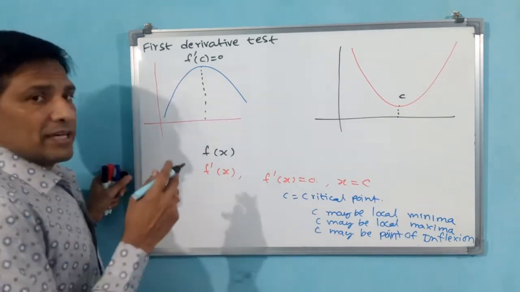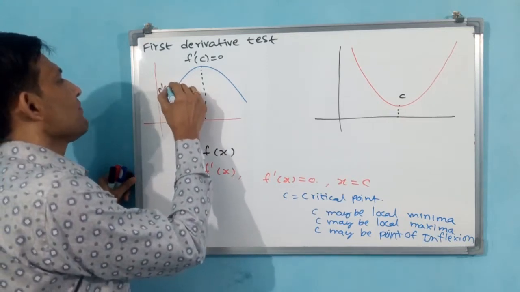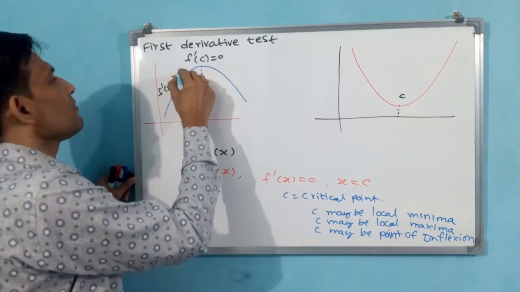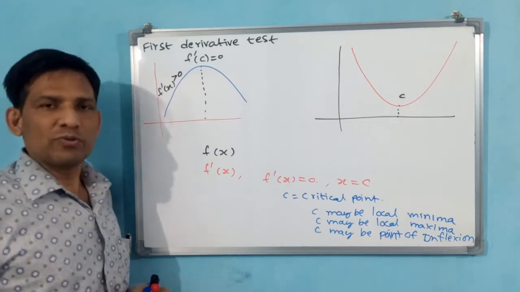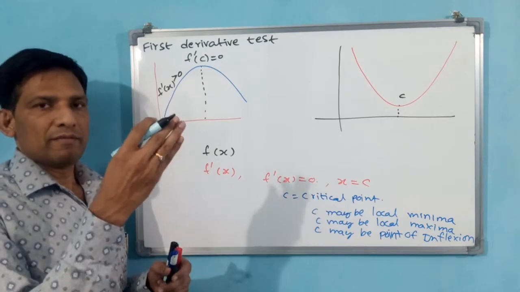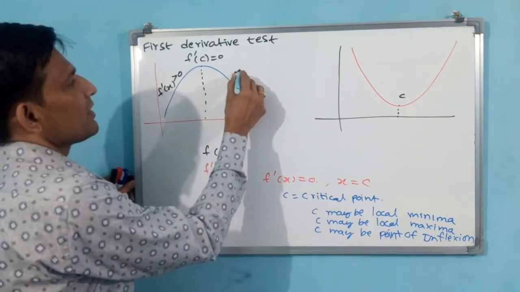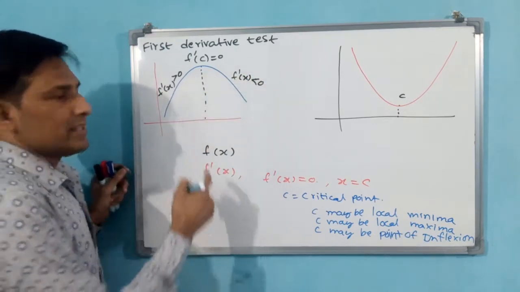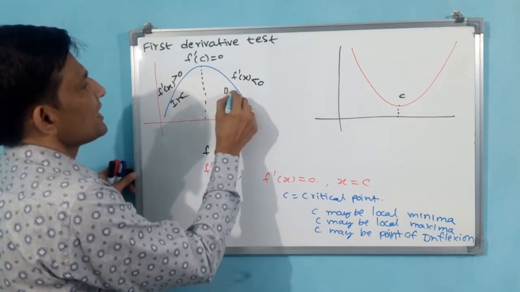You see here, logically f dash x in this portion, because it is increasing, is going to be greater than 0. Positive only, right? Change in the positive side means increasing. Change in the negative side means decreasing. Here f dash x will be less than 0, because in this area it is decreasing. Here it is increasing, here it is decreasing.